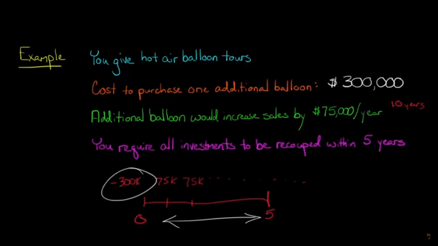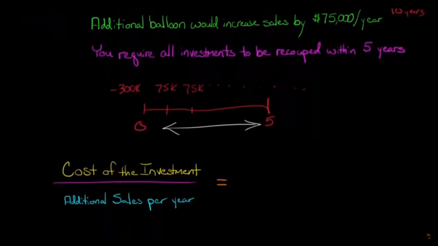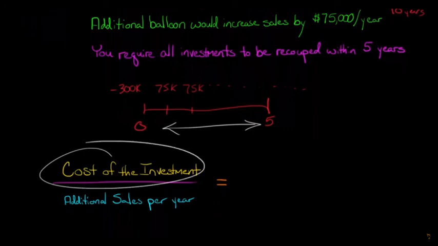That's more than 300,000, right? So we should, well, that's not how it works, right? We're saying with payback, forget what happens after year 5, right? We just want to know before year 5, before we get to that point, will we have made back our $300,000 investment?